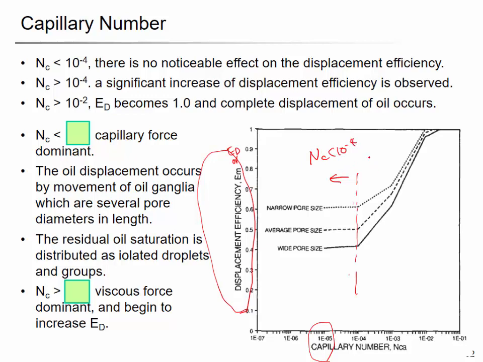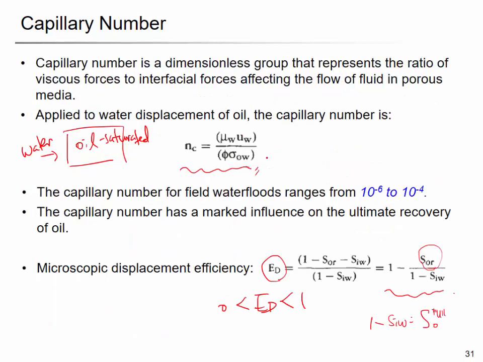And as the capillary number becomes larger than 10 to the negative 4, now it's proportional to the capillary number, right? So oil production is increased with the higher capillary number. And lower capillary number means what? Let's look at this definition. Lower capillary number means that the interfacial tension is dominant, and the higher capillary number means that the viscosity is dominant.